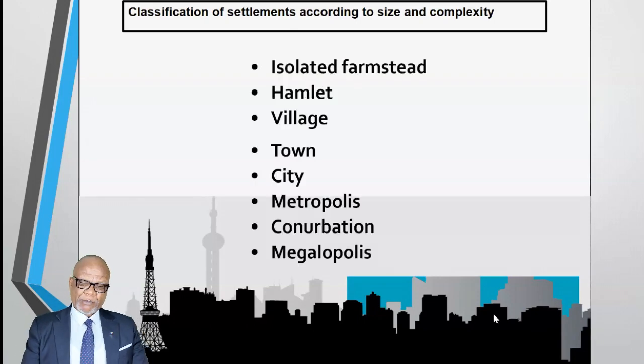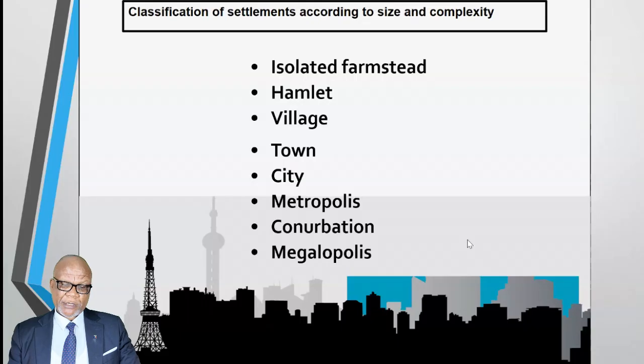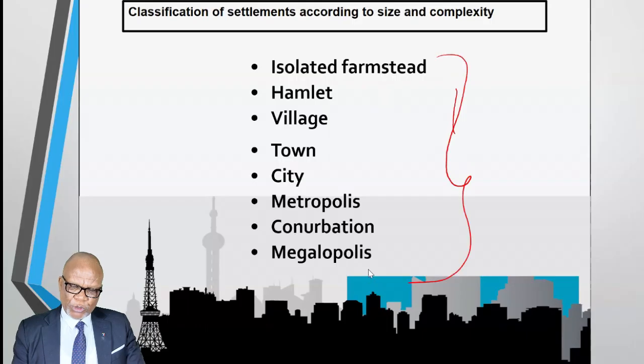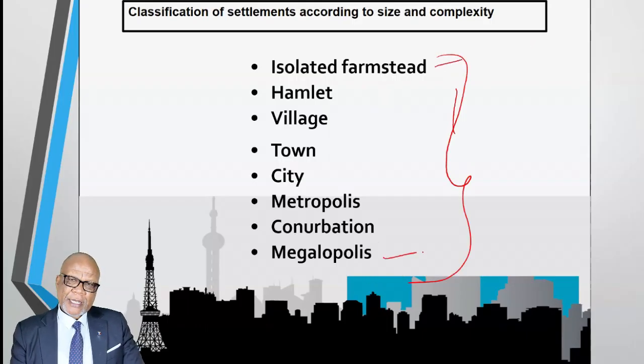I want to now look at the classification of settlement. What is classification of settlement? Settlement can be classified according to a number of ways. We said in the introduction, we classify settlements here according to size and complexity. We're looking at the settlements from the smallest to the largest.